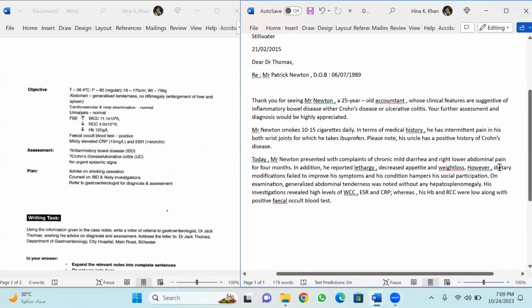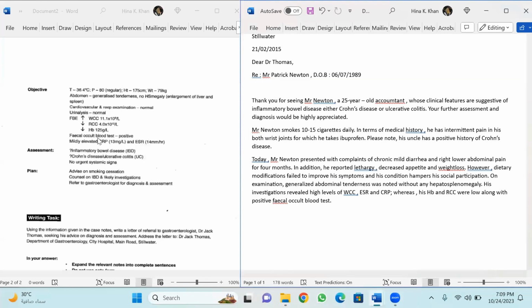Instead of writing two different sentences, I just wrote one sentence and mentioned both. Now on examination also, I just wrote, generalized abdominal tenderness was noted without any hepatosplenomegaly, full stop. His investigations revealed high levels of, again, the levels which were high I just mentioned together.